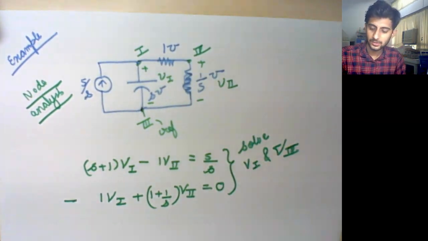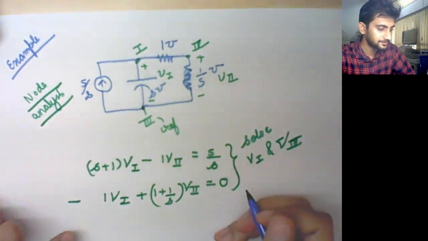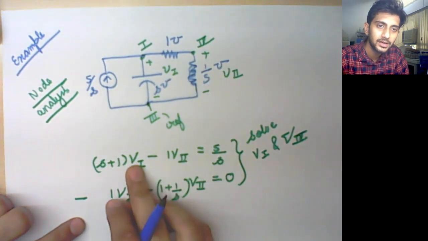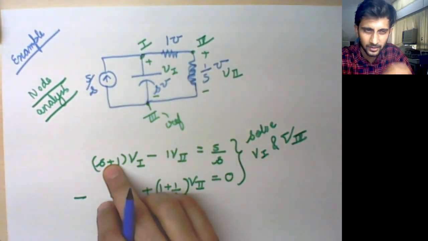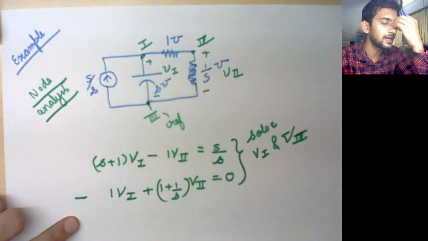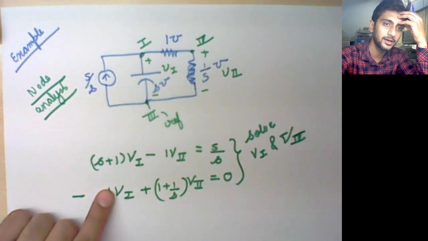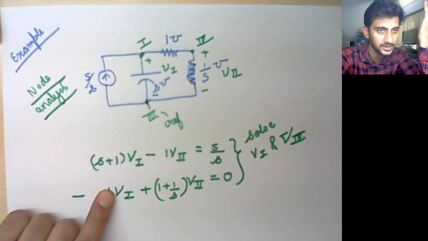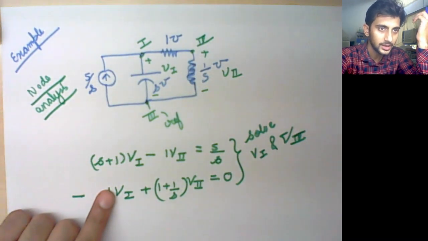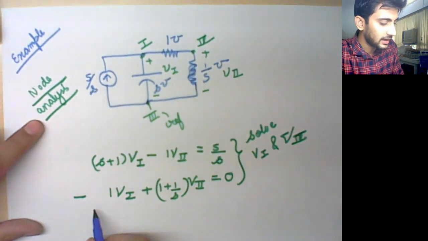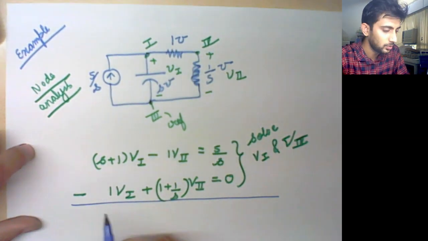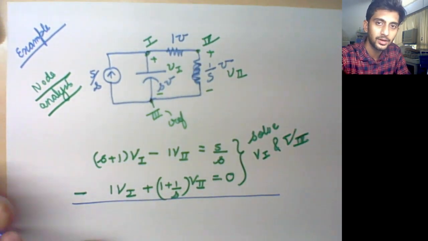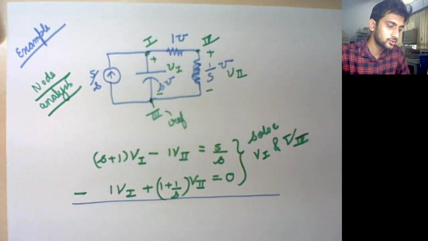Okay. So what you have to do, the way you know it, take the coefficient of V1, which is S plus 1, and over here it is 1 only. Multiply the second equation by S plus 1, and then you can just add the two, and that's it. You're done with it. I'm skipping this step so that while making your notes, you have good practice of how to solve such equations.